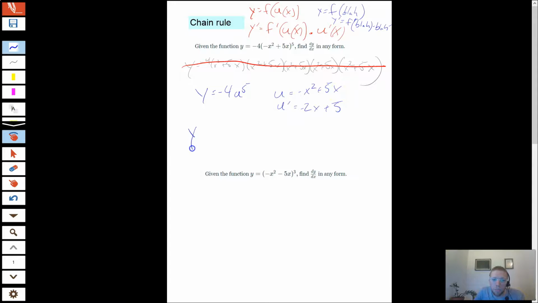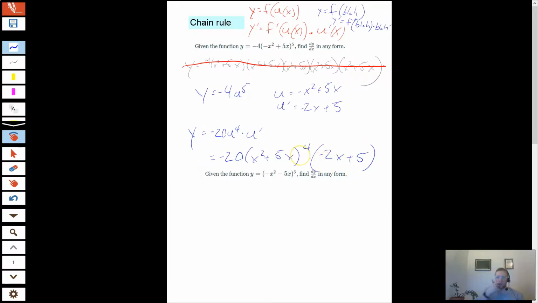So y prime is going to be the derivative of this expression I haven't used, so -20u to the 4th, times the derivative of u, times u prime. Really that's -20 times (-x squared plus 5x) to the 4th times (-2x plus 5).